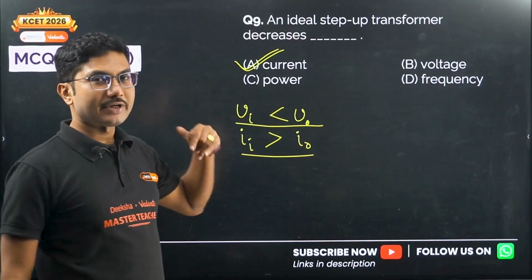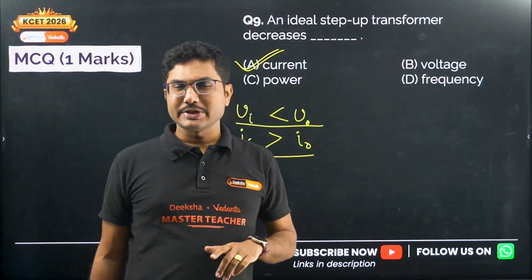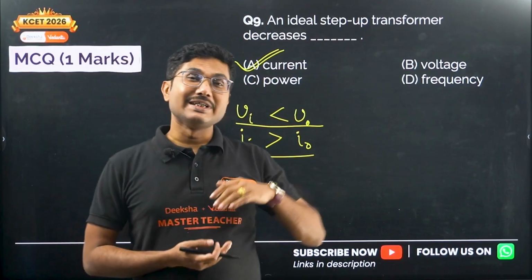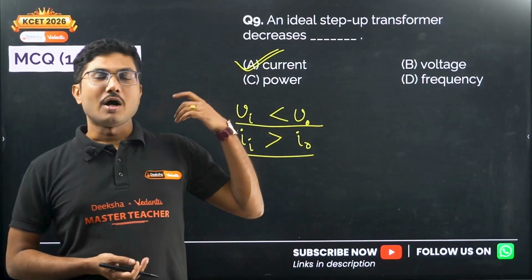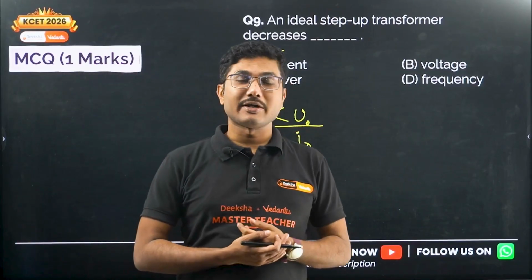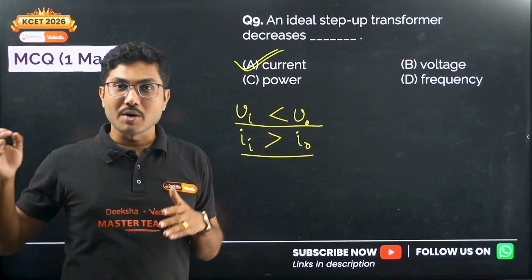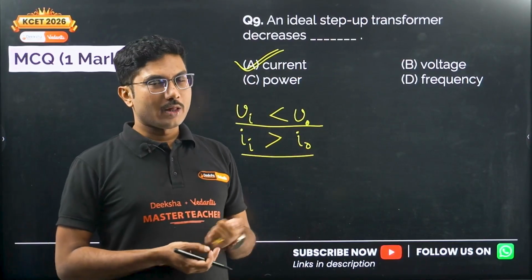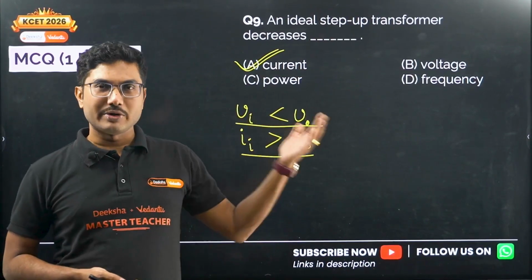So when you are transferring power from the power station to our homes, the power, when it is being transferred, is increased to a very high value, like 2000 kilovolt, 2 kilovolt or 5 kilovolt, so that the value of current remains low. Lower current means lesser energy loss during transmission.